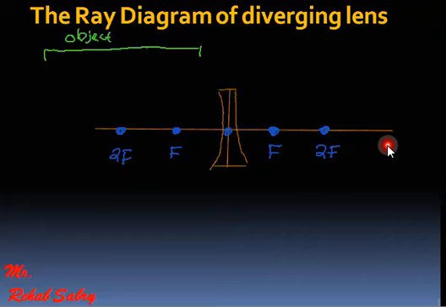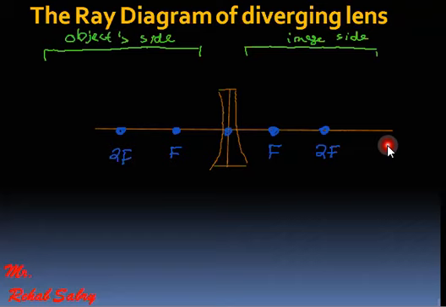By the way, we agreed together that this side is called the object side because we put the object to the left, and this side is called the image side.